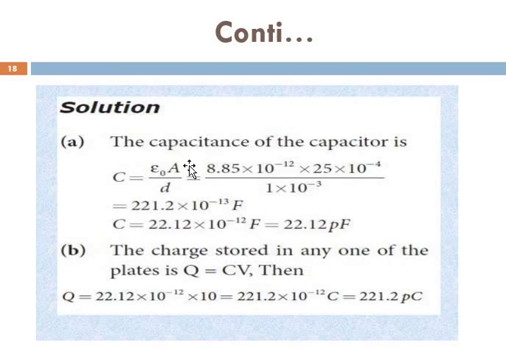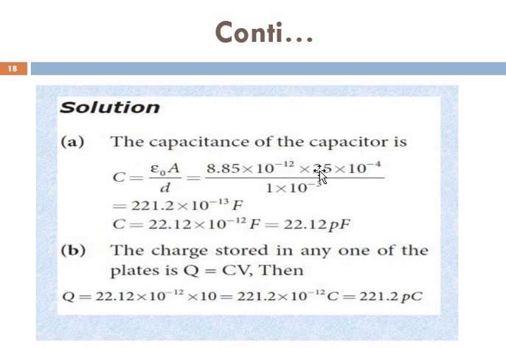Solution: the capacitance of a parallel plate capacitor is C equals epsilon naught A divided by d. Epsilon naught is the permittivity of free space, A is the area, and d is the distance between plates. The value of epsilon naught is 8.85 times 10 to the power minus 12.